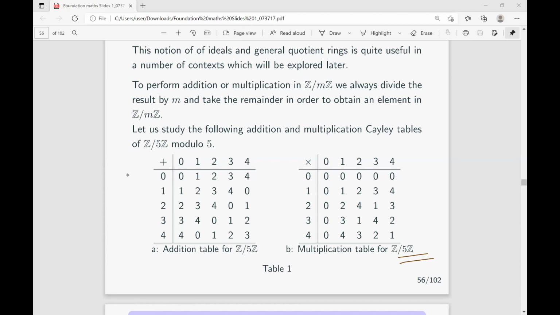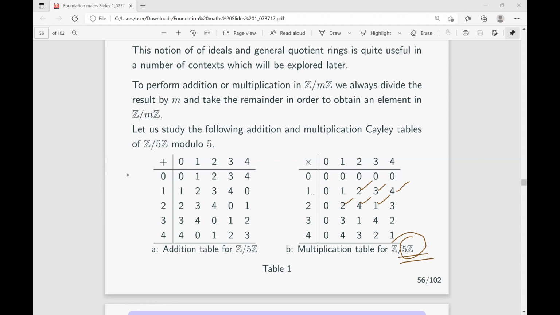Now, let's just multiply. 1 times 2 gives us 2. 1 times 3 gives us that. Then 1 times 4 gives us that. Let's multiply by 2. 2 by 1, you get that. 2 by 2 is 4. Then 2 by 3 is 1, because what you get is 6. Since we are doing it mod 5, we divide by 5 and write the remainder.